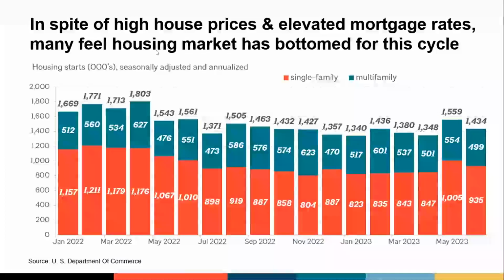I mentioned housing prices going up, and I mentioned the elevated mortgage rates. And despite that, many do feel like this market has bottomed out, and will grow. I know I keep coming back to the mixed bag, but we're starting to see some things counter.